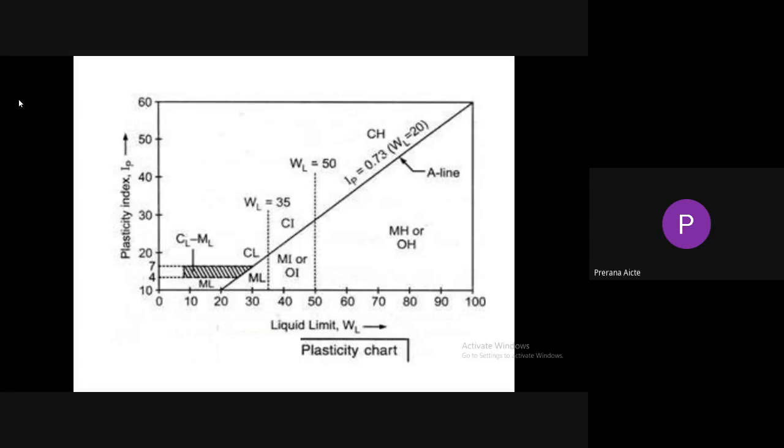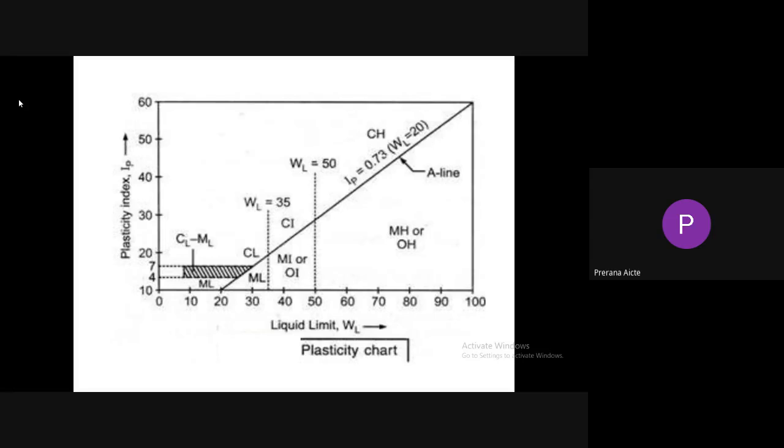So when does the point lie above the A line, and when below the A line? That is the question here. In order to find where the point lies, we need to compare two parameters: the plasticity index and the height of the A line. If the plasticity index is greater than the height of the A line, then the point lies above the A line.